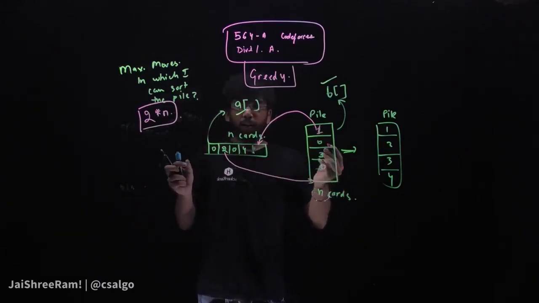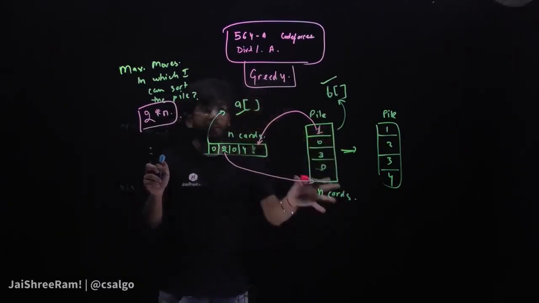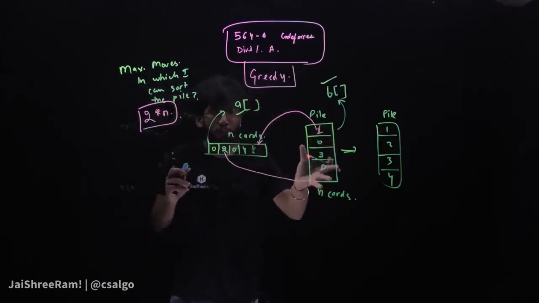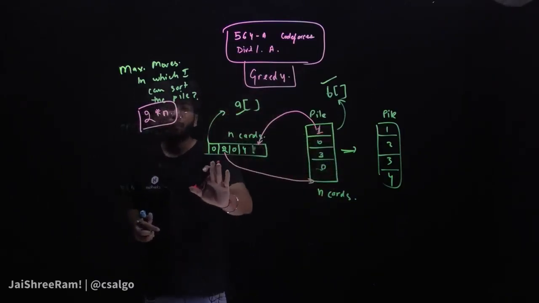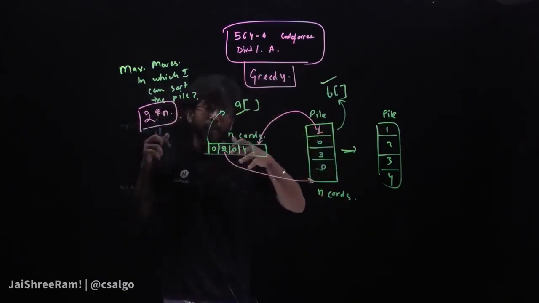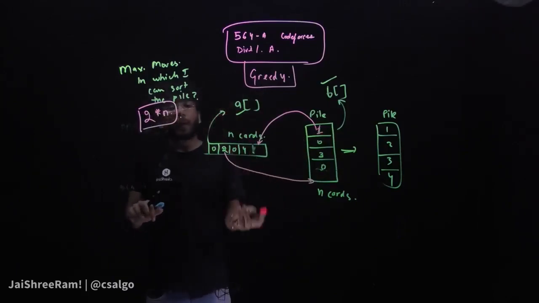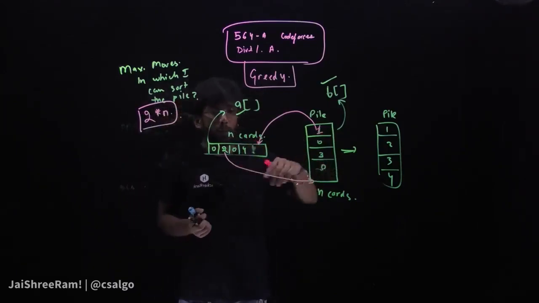So you just need to put all the non-zero elements from this pile to here, and since there is no order, you can then swap every zero with a non-zero number.